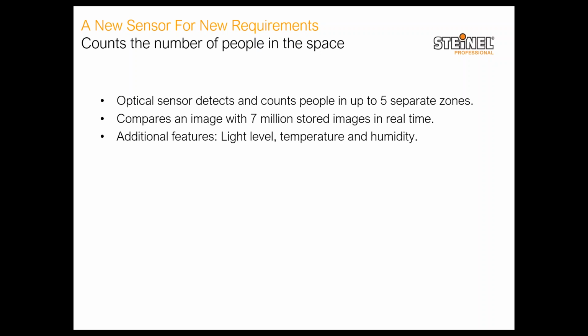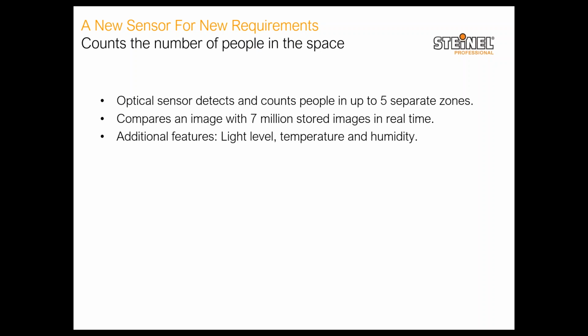How this technology works is, you have optical sensors, they basically look at an image of the room, compare that image with 7 million stored images in real time, and detect whether you have a human in the room, or multiple humans in the room, or no one.